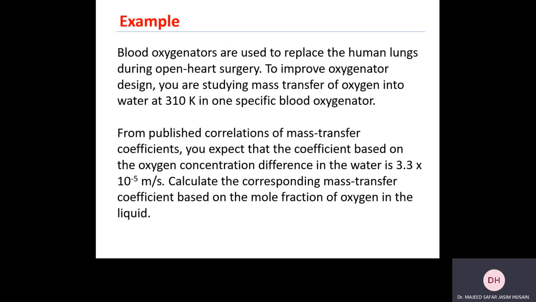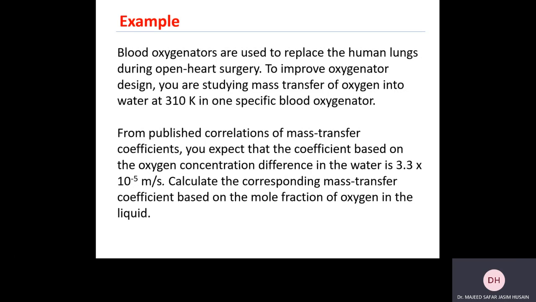To improve the oxygenator design, you are studying mass transfer of oxygen in water at 310 Kelvin in one specific blood oxygenator. From a published correlation of mass transfer coefficient, you expect the coefficient based on oxygen concentration difference in the water to be equal to 3.3 × 10 to the power minus 5 meters per second.